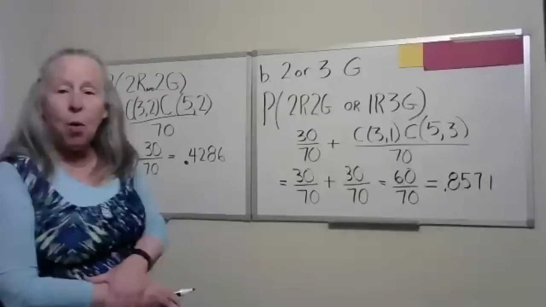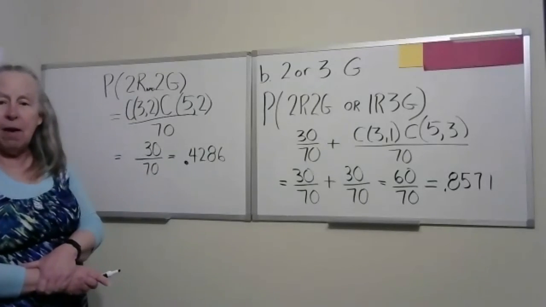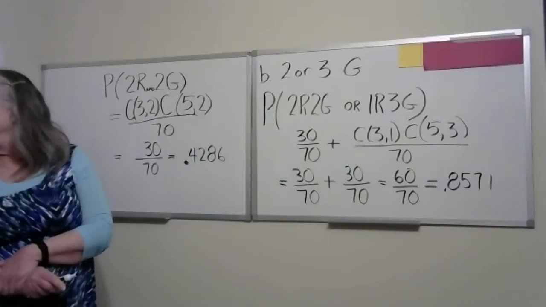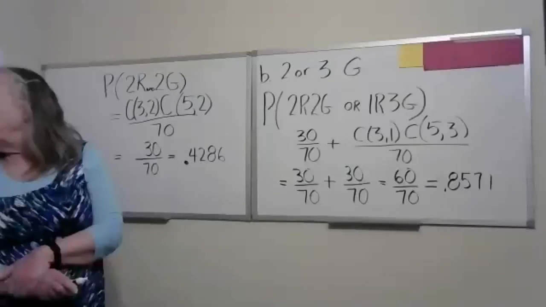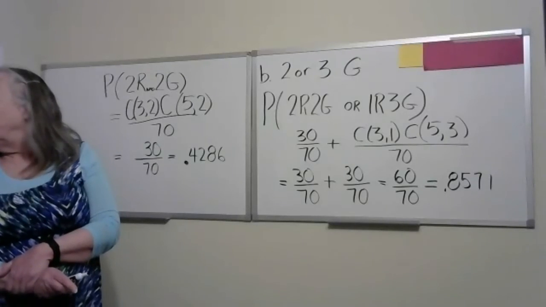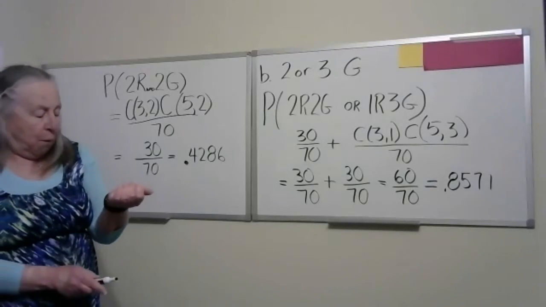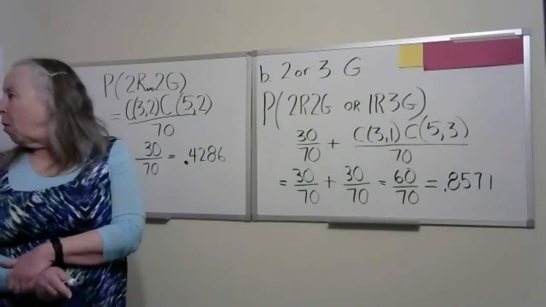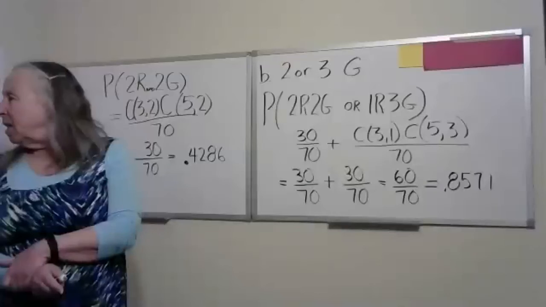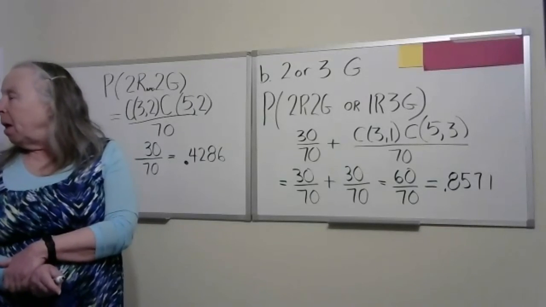Okay. Question on that? Does that make sense to everyone? Okay. So let's look at example 4. Or maybe this would be a good place to end. And we'll start with example 4 on Friday.